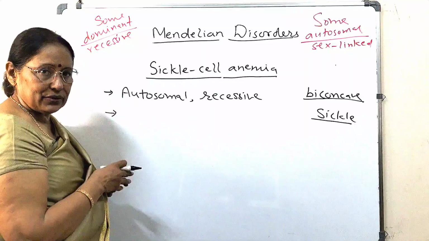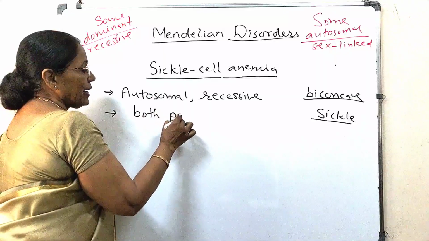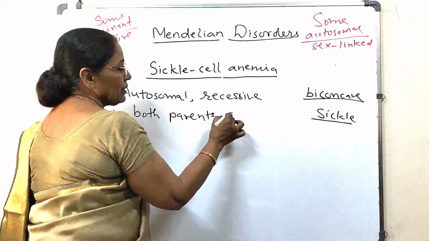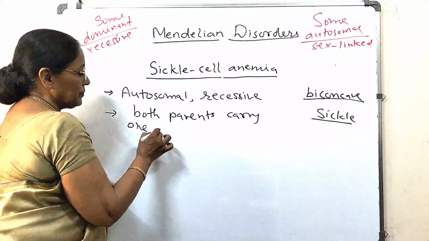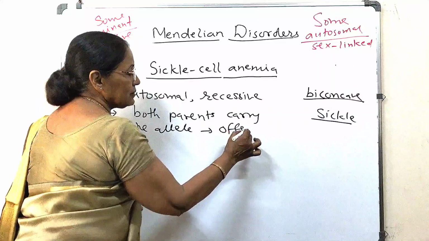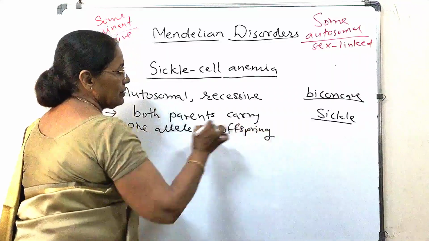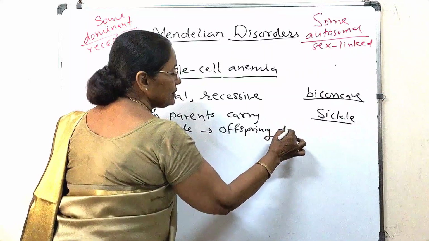This much you have already understood. When both parents carry one allele, then the chances are that the offspring becomes sickle cell, that is diseased.